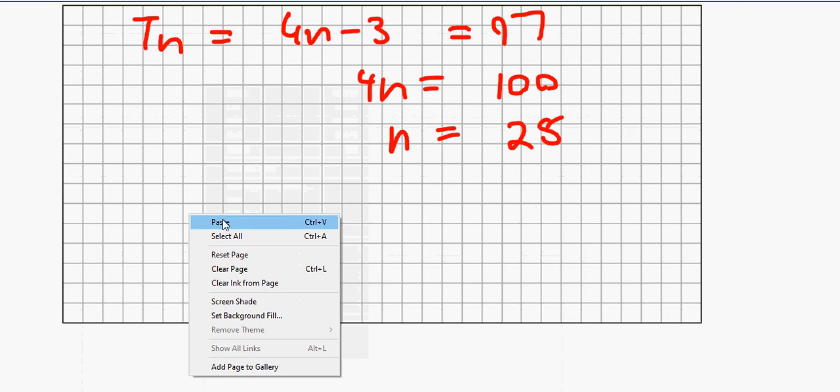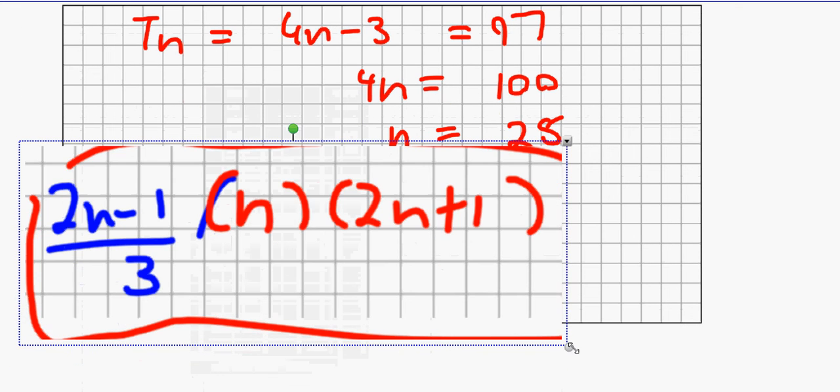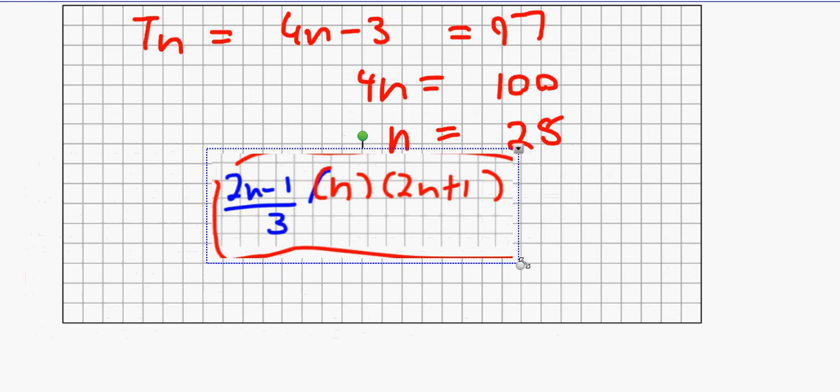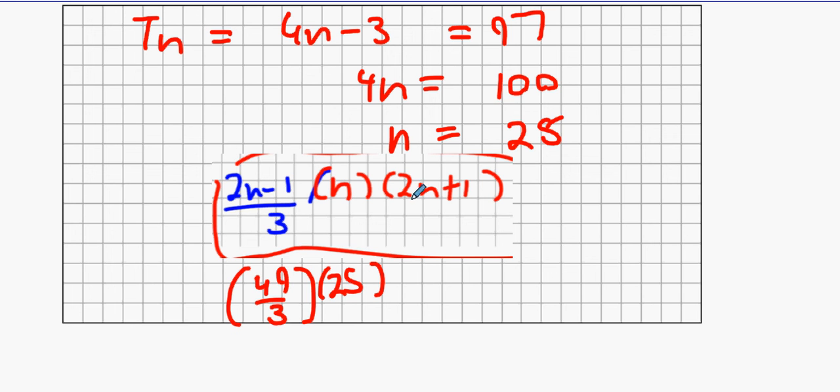And here you go. Now, anywhere there's an n, I'm going to replace it with 25. So 2 times 25 is 50. 50 take away 1 is 49. It's 49 over 3. n itself is 25. 2 times n is 50. 50 plus 1 is 51.